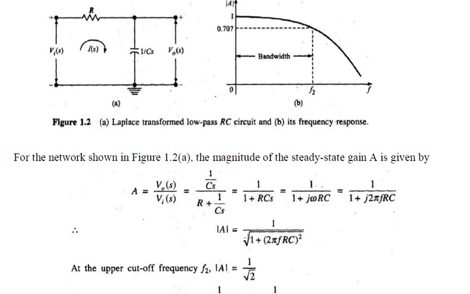So I(s) equals Vi(s) divided by R into (1 plus 1 by RCS). That is how we are going to calculate.